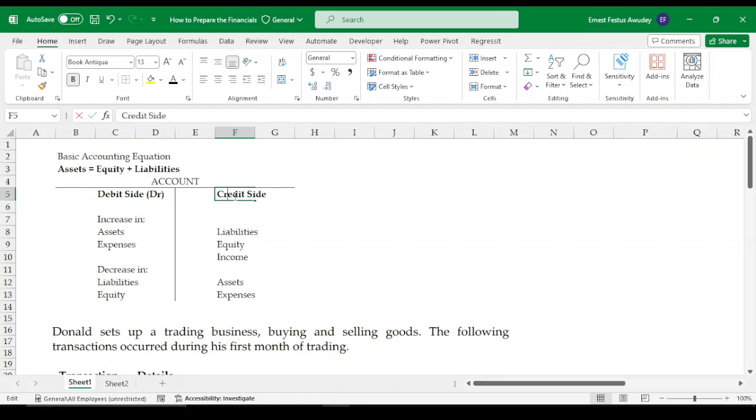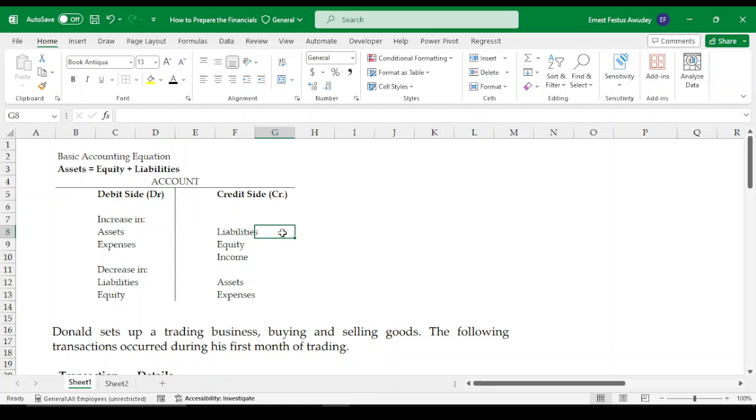And this credit side is often shortened as CR. Now, this is what we call a convention. Okay, it has become a convention in accounting. It has come to stay. It's a practice that is generally accepted. So when you see CR in accounting, we call it credit. When you see DR, we call it debit. All right, so take note of that.